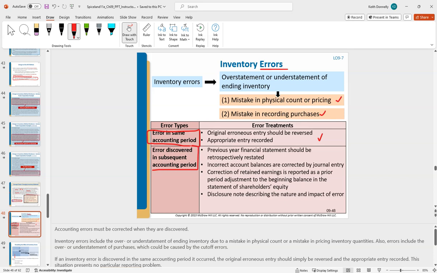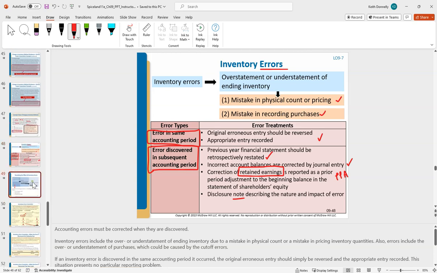Well, if it's discovered in a subsequent accounting period, previous financial statements should be restated. Incorrect balances are corrected by a journal entry. Correction of retained earnings is going to be reported as a prior period adjustment, right? So PPA, prior period adjustment. We've got to get our retained earnings to where they should be, and then we're going to have a note for it.